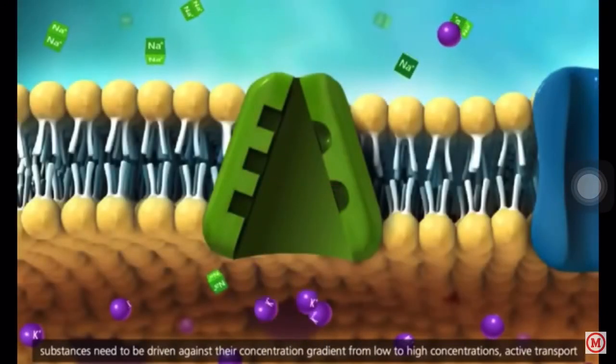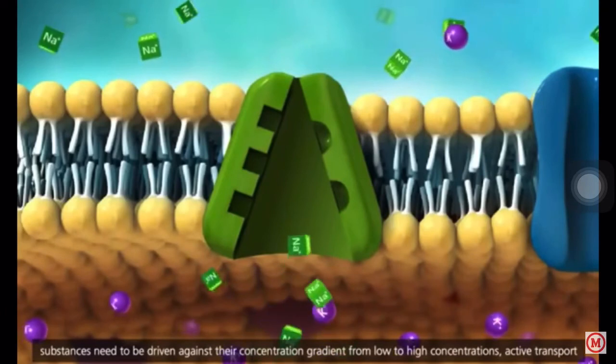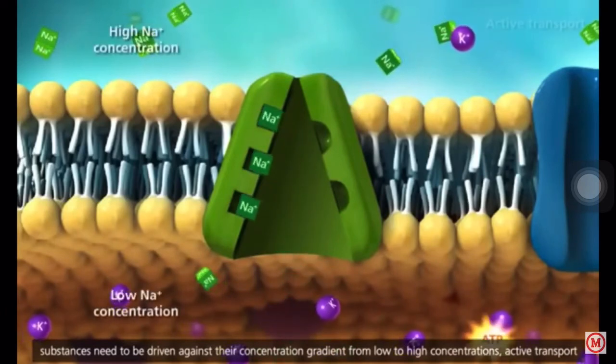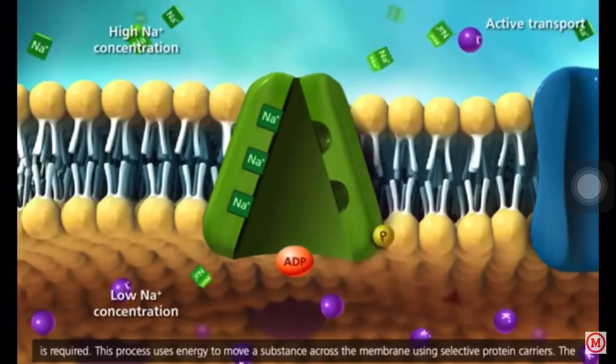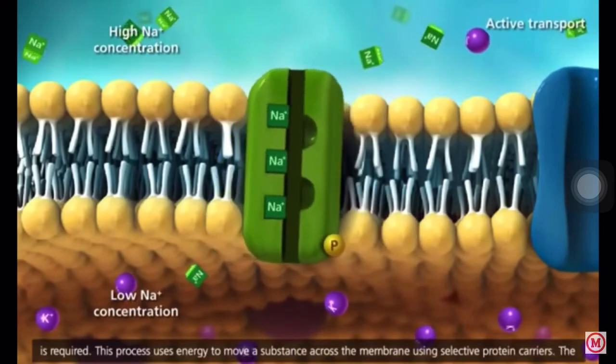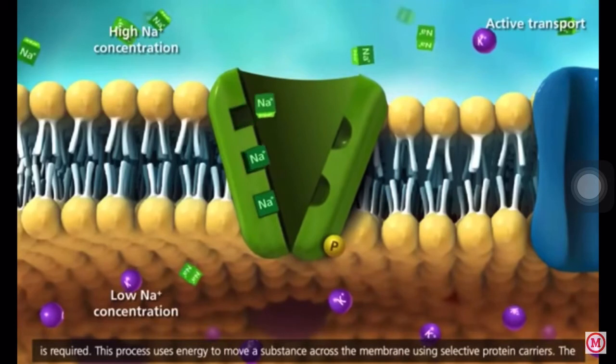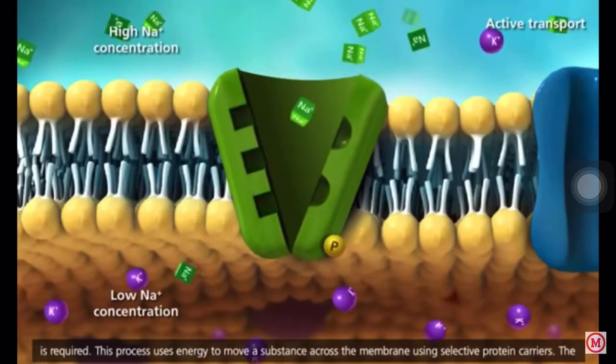When substances need to be driven against their concentration gradient from low to high concentrations, active transport is required. This process uses energy to move a substance across the membrane using selective protein carriers.